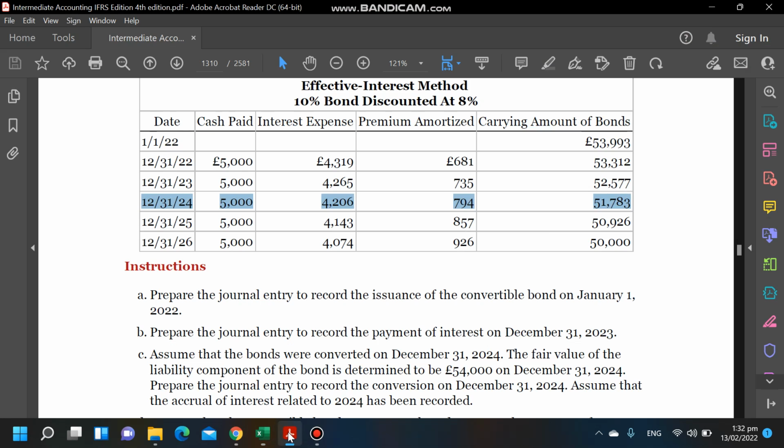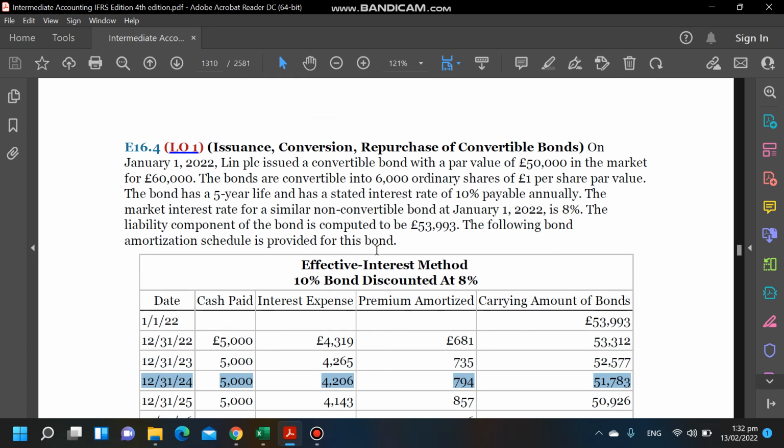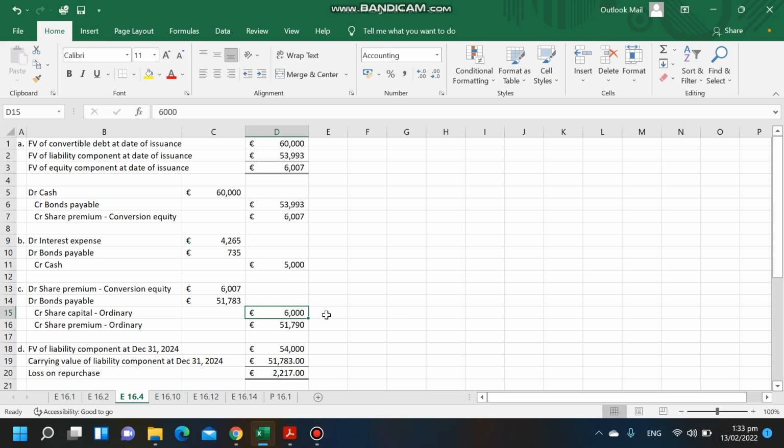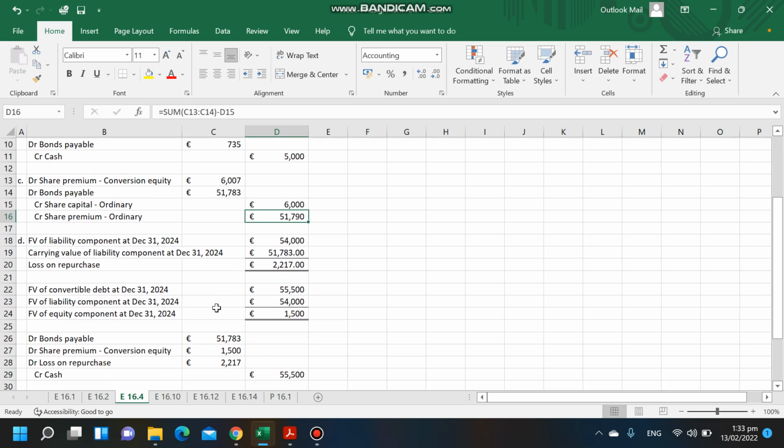And then credit share capital ordinary. So as we can see, the bond itself only has one. So if the bond is exercised, it will become 6,000 ordinary shares with £1 par value. So 6,000 times 1. That's why here the share capital ordinary is 6,000. And then credit share premium ordinary, just the difference of the debit and credit.